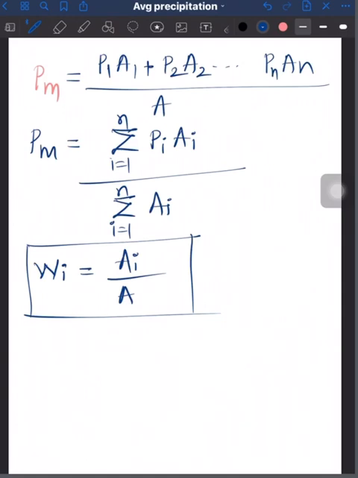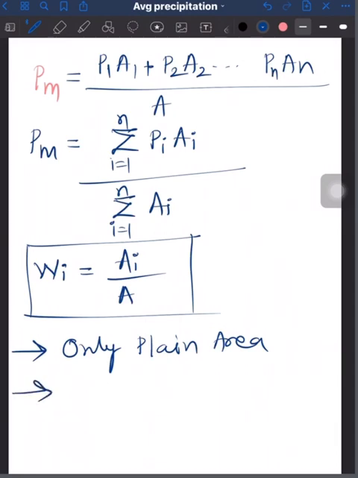So what is specific about this method? This is used only for plain areas. Why is it used for only plain areas? Because it does not take into consideration the elevations.